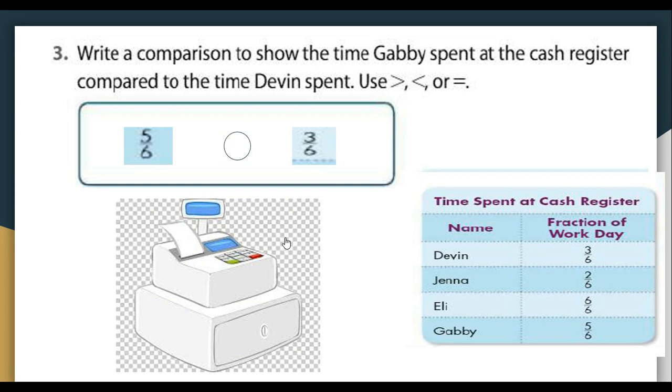So if you thought that Gabby spent more time, we can use our greater than symbol to say that 5/6, which was Gabby's time, is greater than 3/6, which is Devin's time.